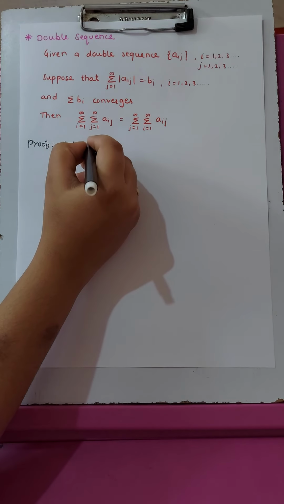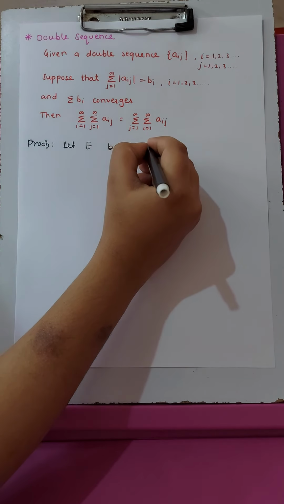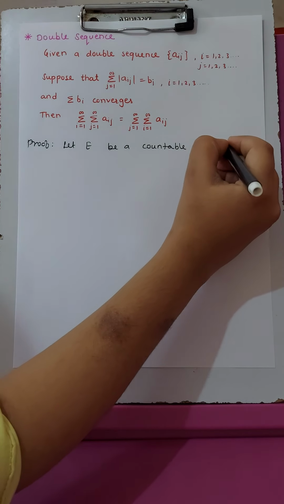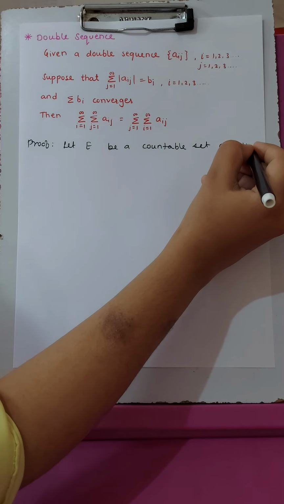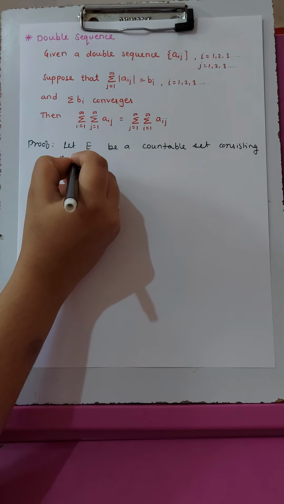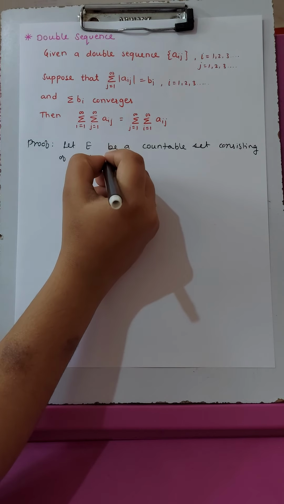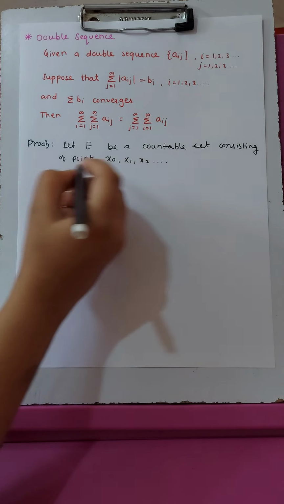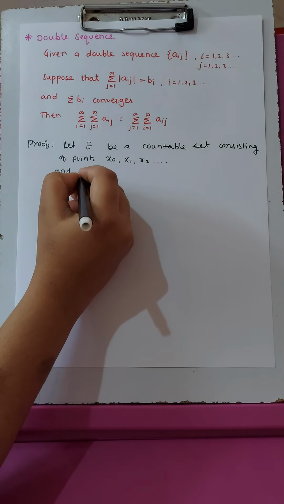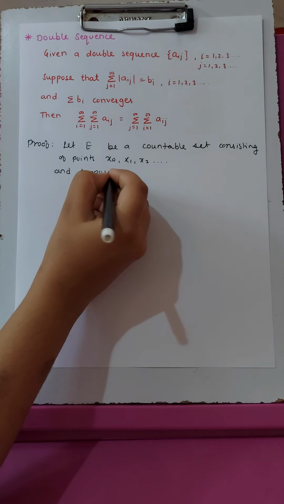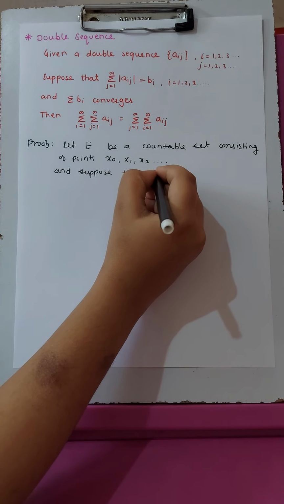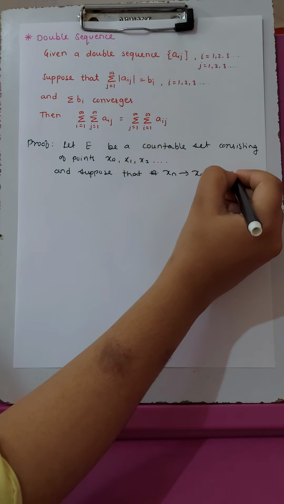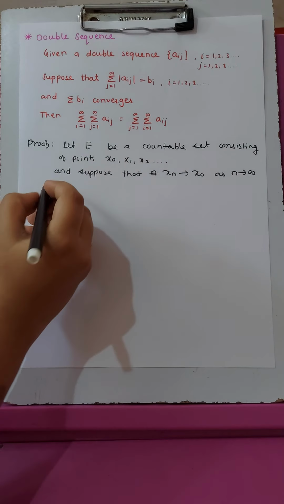So let E be a countable set consisting of points x0, x1, x2 and so on, and suppose that xn tends to x0 as n tends to infinity.